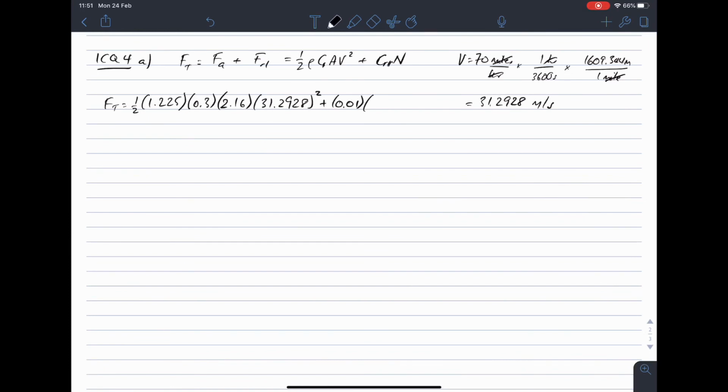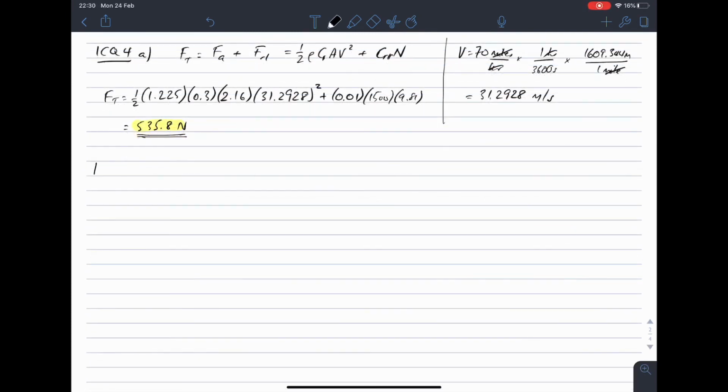And N is mg, because it's level ground. Doing those sums, you get 535.8 newtons. There's your tractive force on level ground to maintain 70 miles per hour.